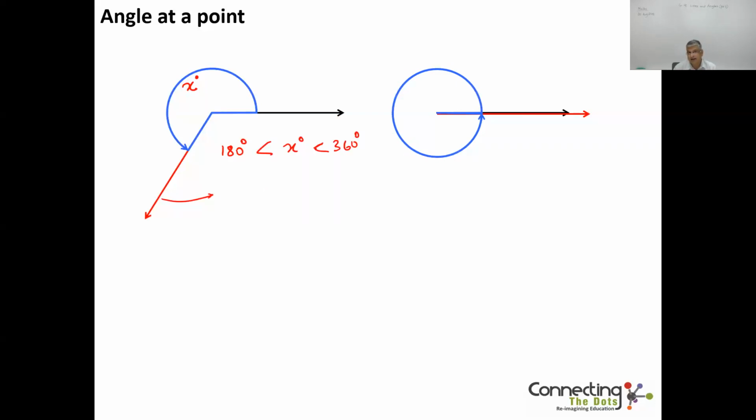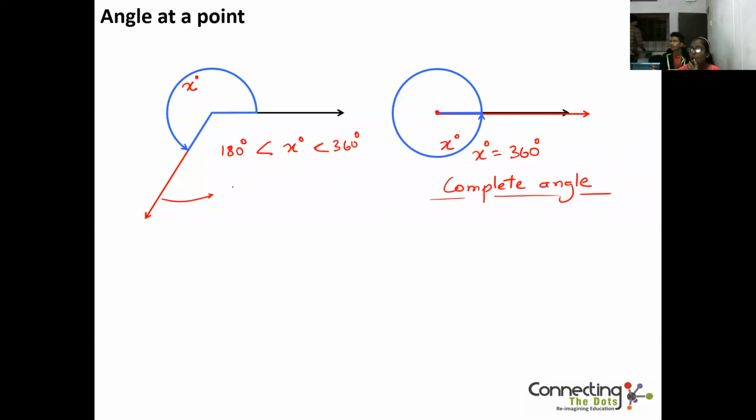What is such an angle called? So this is x equal to 360 degrees. So this is called a complete angle. What is it called? Complete angle. So at this point, the whole thing is completed.